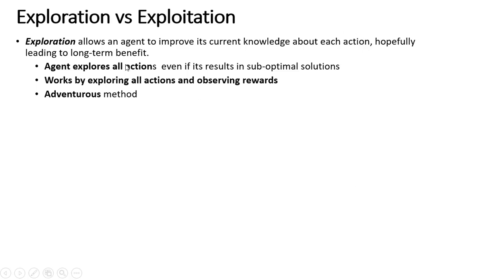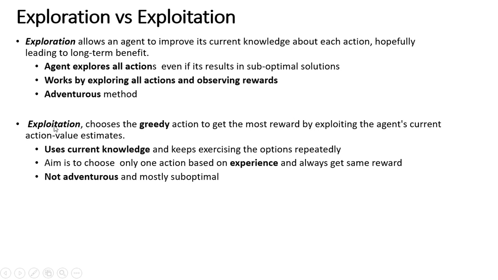The agent explores all the actions, even if the result is suboptimal. So basically it's an adventurous method. Whereas in exploitation, as the word itself says, it's a greedy action to get the most reward by exploiting the agent's current knowledge. The agent uses current knowledge and keeps exercising that option repeatedly.